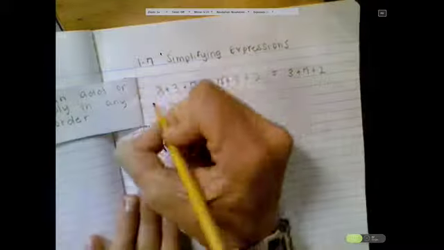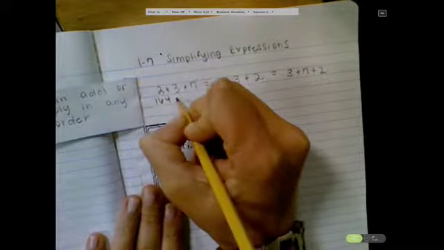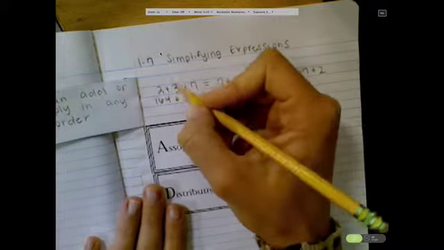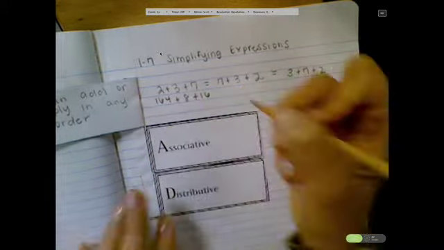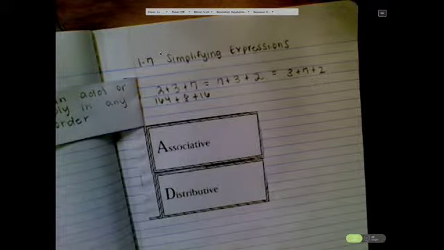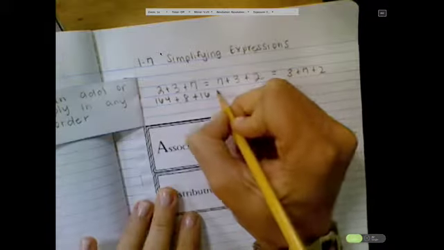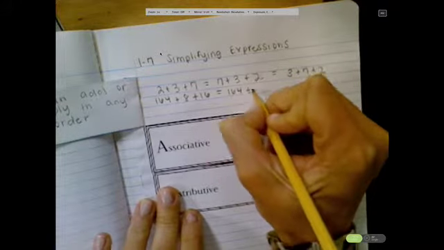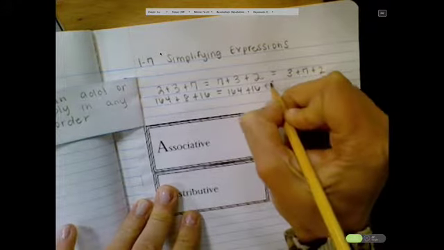Okay, another example, 164 plus 8 plus 16 is the exact same thing as 164 plus 16 plus 8.